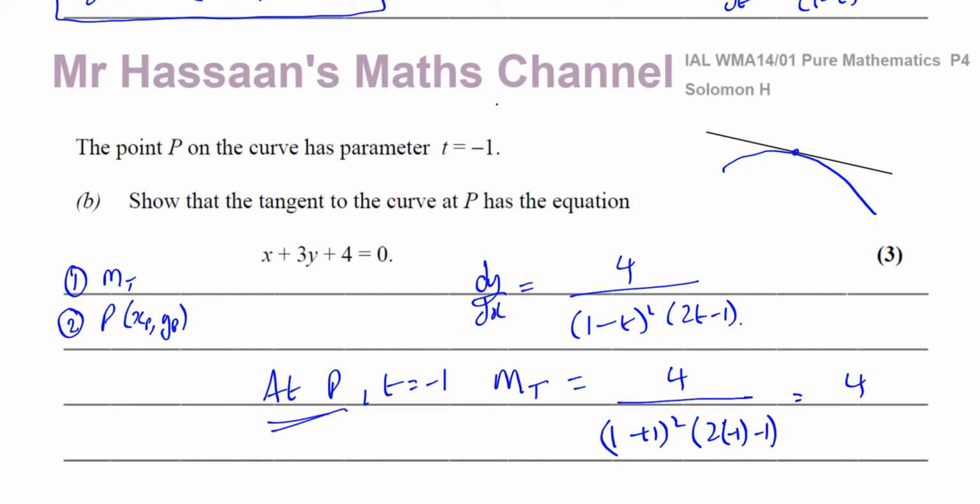That's 4 over 2 squared, which is 4, times minus 2 minus 1, which is minus 3. So they cancel, and you're left with minus 1 over 3. So we know the gradient of the tangent is minus 1/3.